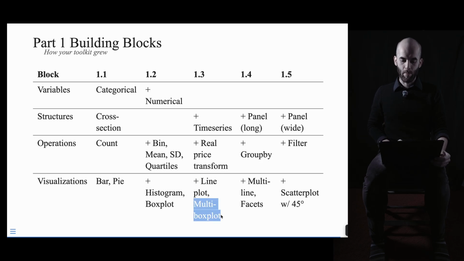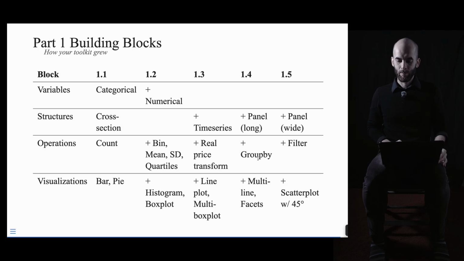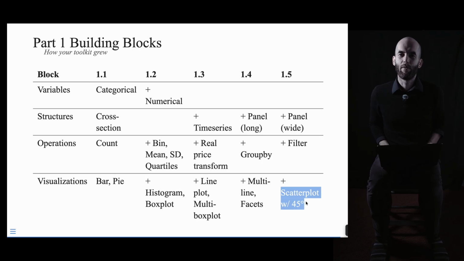And then we've also talked about multi-box plot for seasonality in time series. For long format panel data, we used a group by operation to create a summary table. We talked about multi-line plots and facets. And then just now we talked about a scatter plot, which is really just in the pantheon of great data visualization tools.